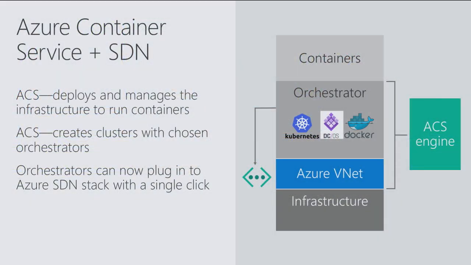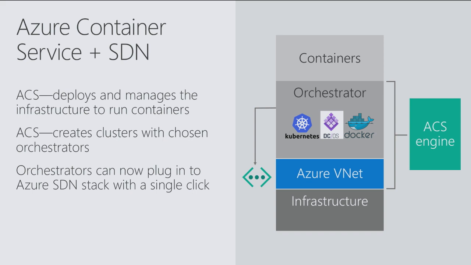So what we are doing is providing an easy to use mechanism that works with the existing orchestrators, right? There are a number of different ways to run containers in Azure. You could take a Linux machine in Azure and build up everything by yourself. You can run Kubernetes, or you can run DC/OS by yourself. That is also possible. But a very easy way would be to run it through the Azure Container Service. What the Azure Container Service does for you is set up the infrastructure, right?